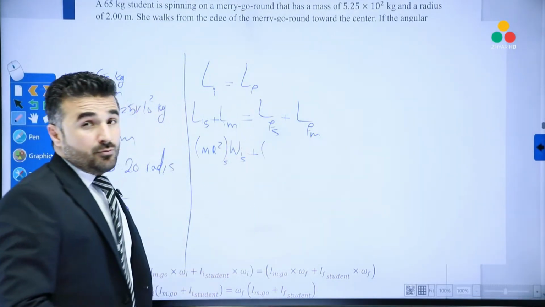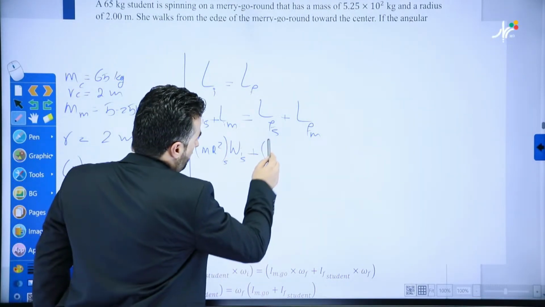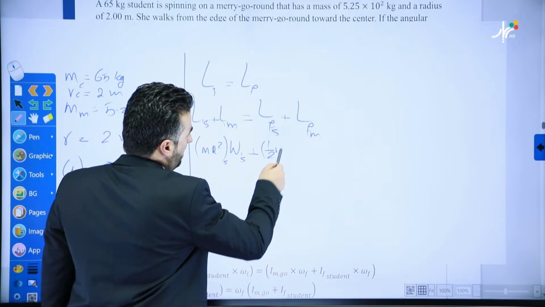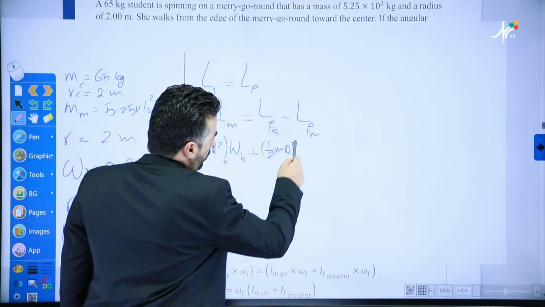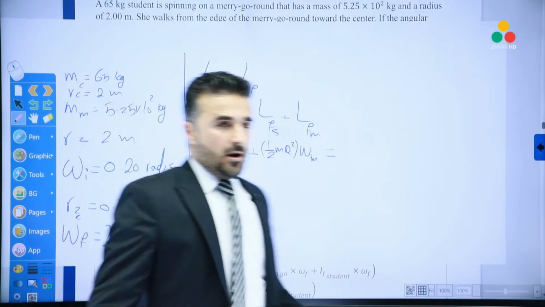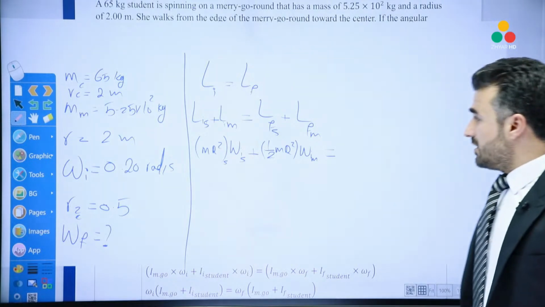So the angular momentum for the merry-go-round is going to be I times omega, yeah? I is going to be 1/2 mass times radius squared, and then omega initial for the merry-go-round, equals, now, omega final angular momentum for both, the child and the merry-go-round.